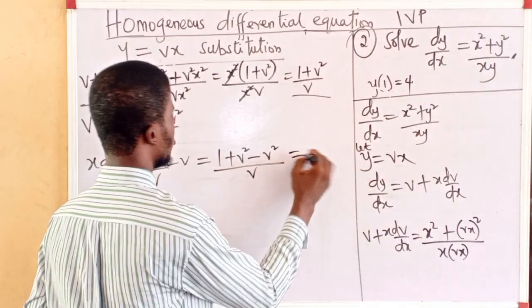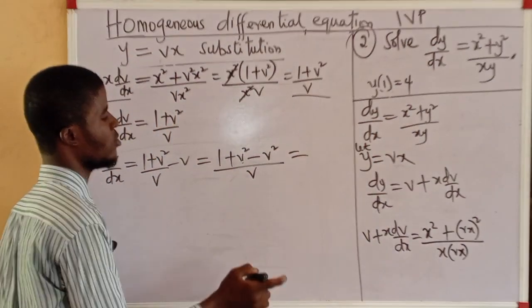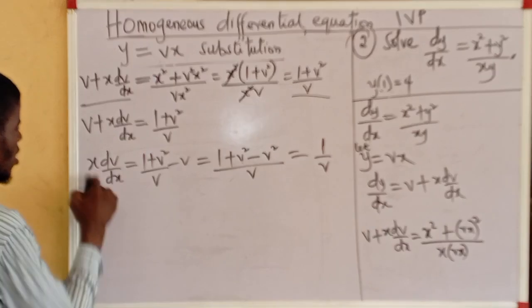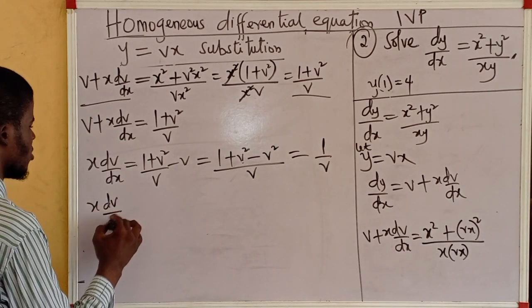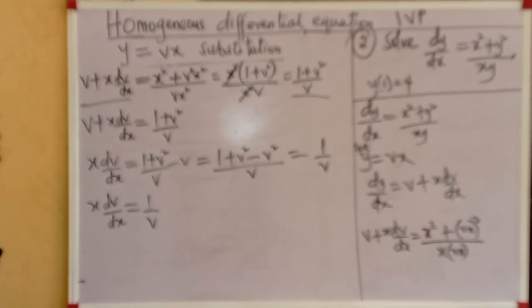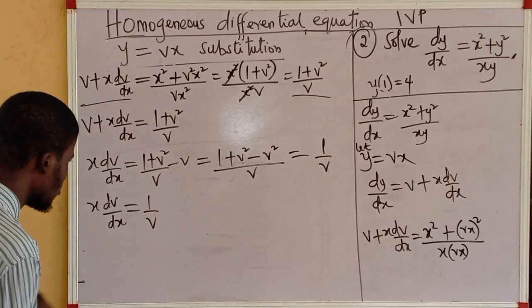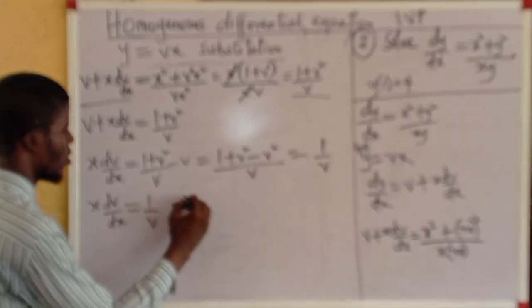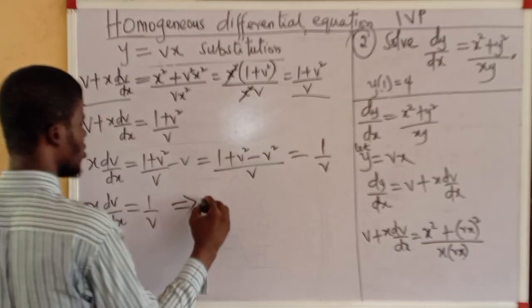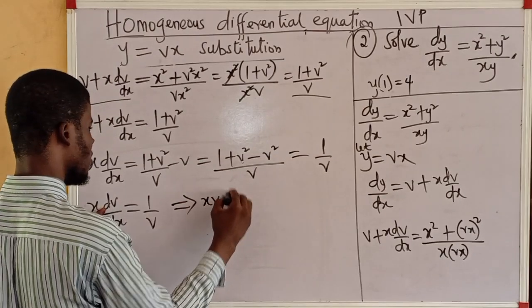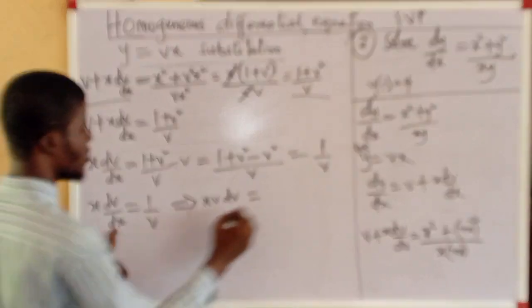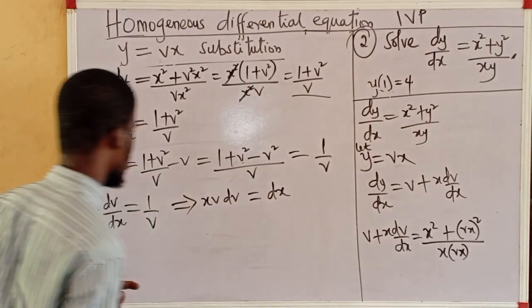So we're having what? v squared minus v squared is out. We have 1 over v. So x dv/dx is equal to 1 over v. Now let's cross multiply. If we cross multiply, we are going to obtain x dv times v, which is x v dv, equal to 1 times dx, which is what? dx.